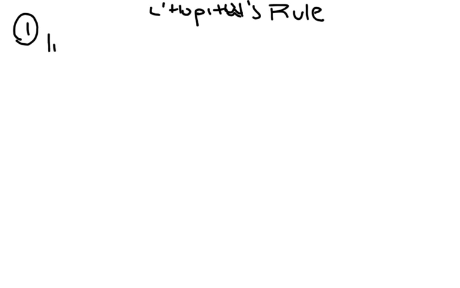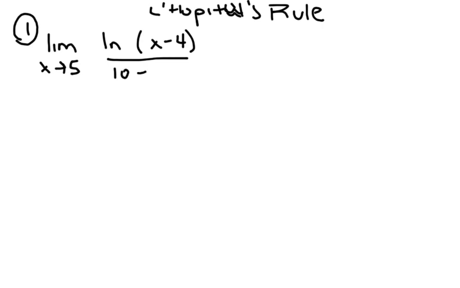So if I were going to try to take the limit as x approaches 5 of the natural log of x minus 4 over 10 minus 2x, the first thing that I might check out is direct substitution, see if that would work.